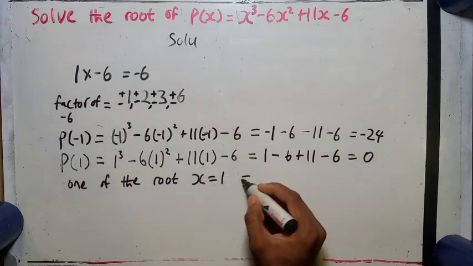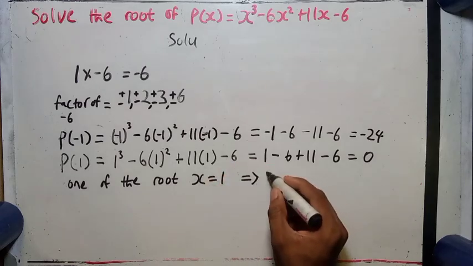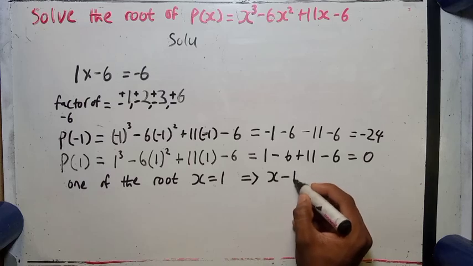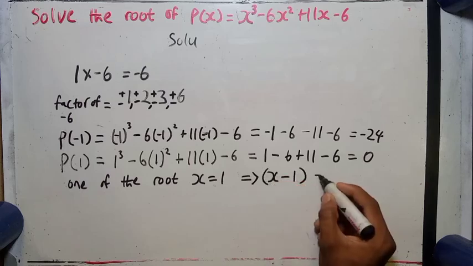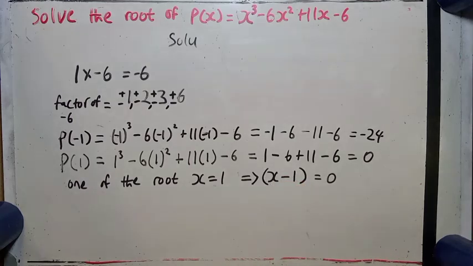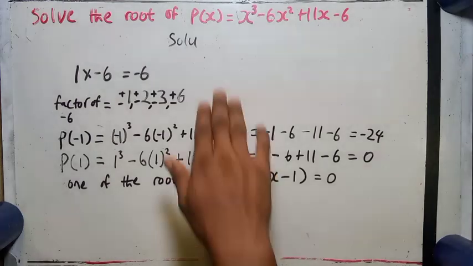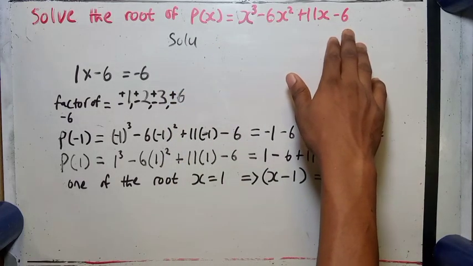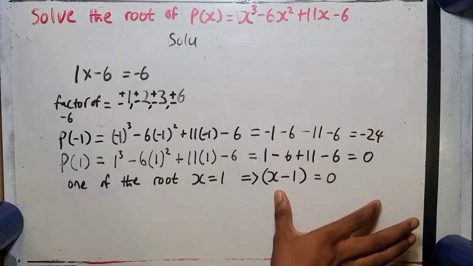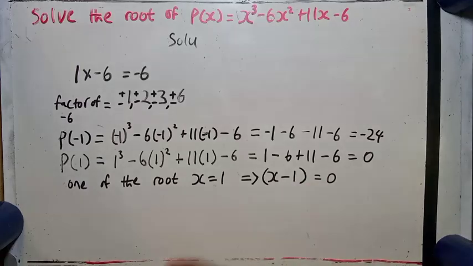Rewriting this, we can have it to be x minus 1 is equal to 0. Now we have gotten one of the roots. Our next action will be to divide this by this and find the quadratic equation.